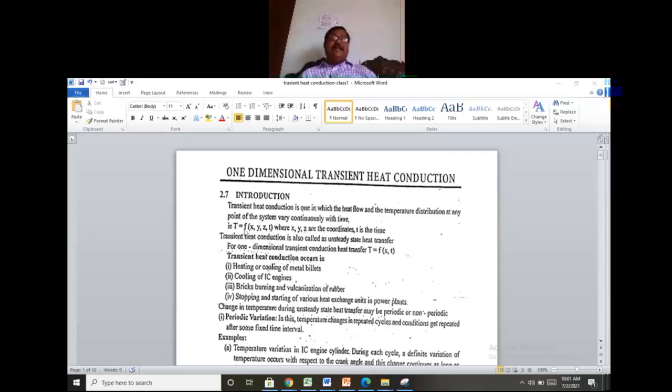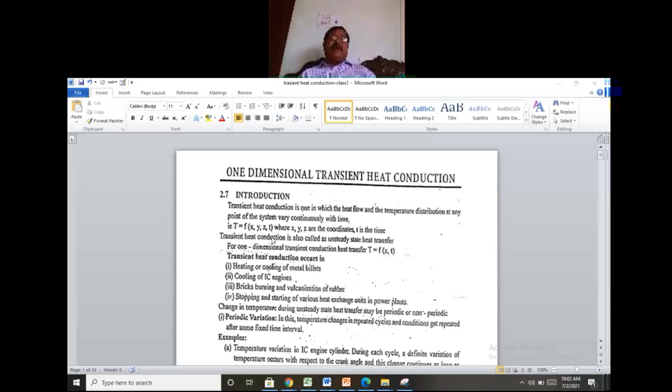That is, capital T is equal to a function of x, y, z, and t. x, y, z are the coordinates, three coordinates, and t is the time. For one-dimensional transient heat conduction, the y and z axes may be zero, and the equation becomes T is equal to a function of x.